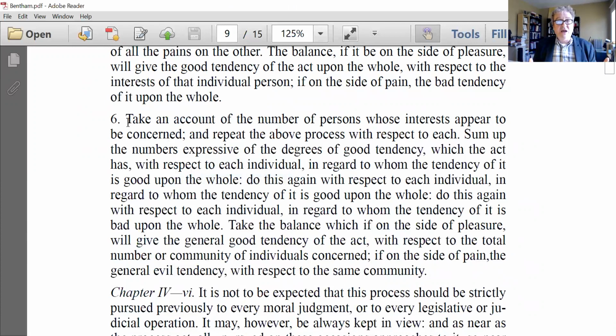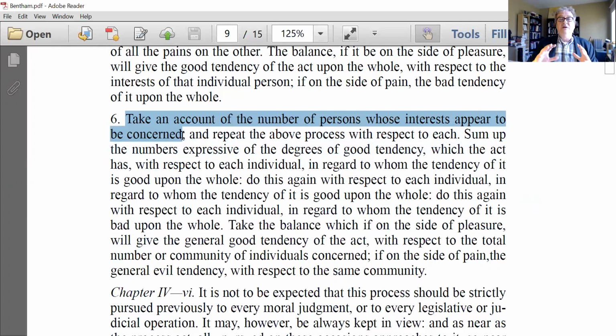Like if we're trying to decide whether to perform one or the other, which one leads to the greatest good and the least bad or suffering for the most people, or animals even. Take an account, he says, of the number of persons whose interests appear to be concerned. So count up all of the people.